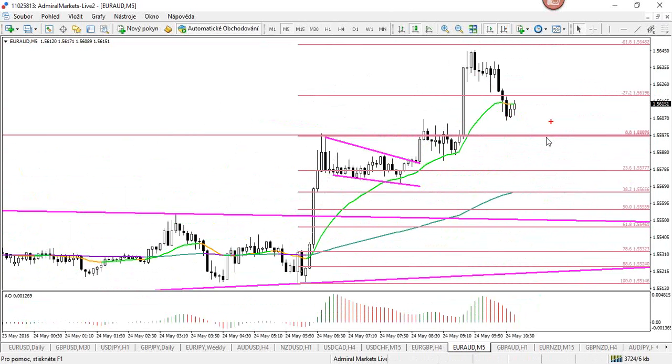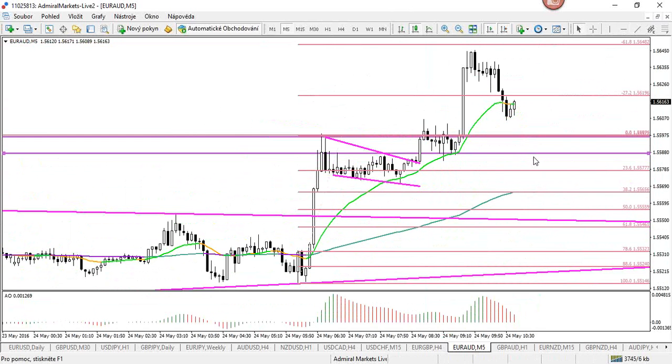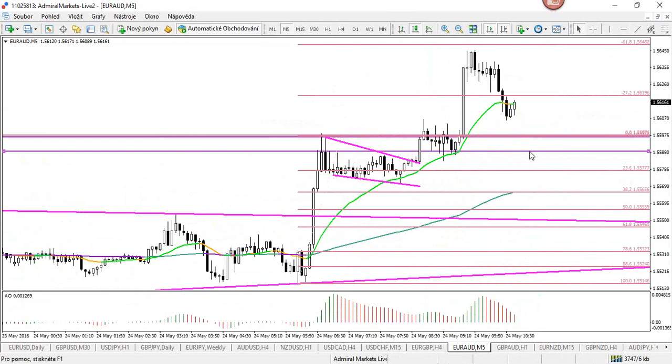It would be nice if price could get just a tad lower, perhaps in this purple box right here, around 156, 155.90.